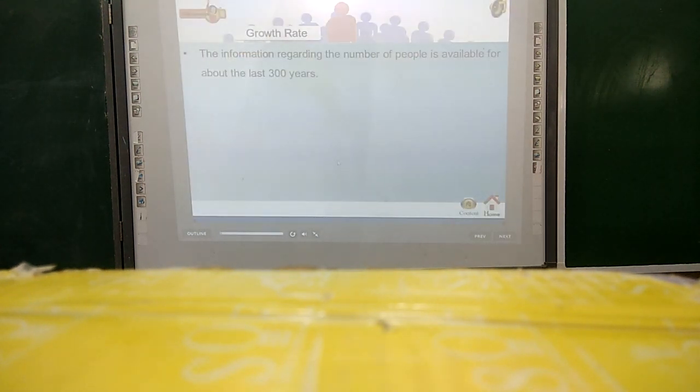Let us know about growth rate. The information regarding the number of people is available for about the last 300 years. It is estimated that the rate of growth of population prior to that had been very slow.